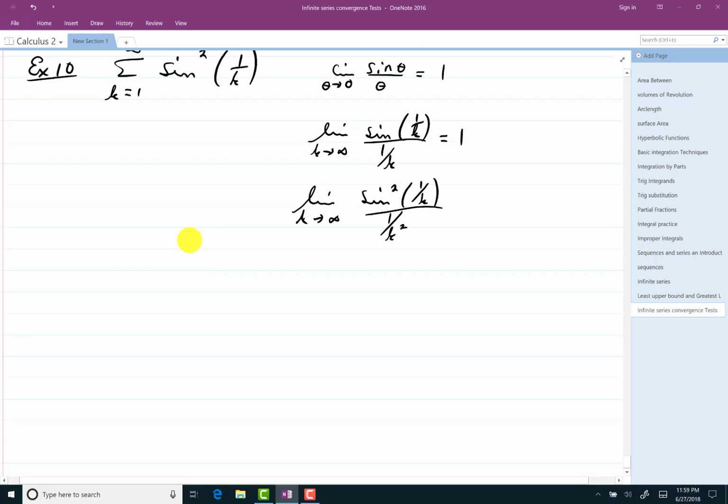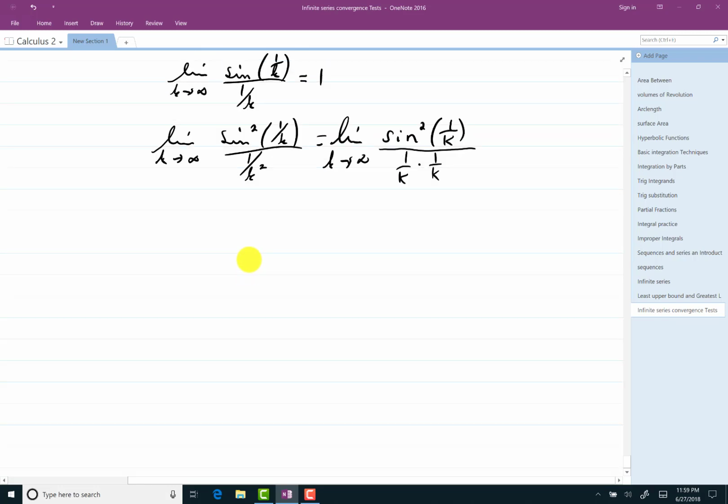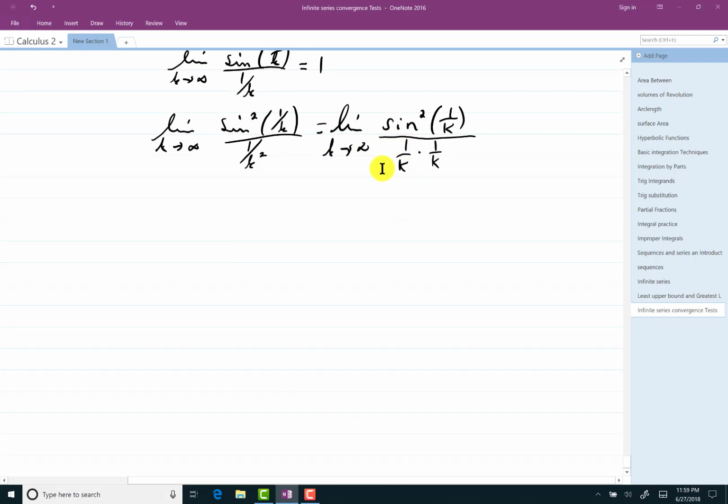Well then, this is going to equal the limit as k goes to infinity. I'm going to write it more formally here so you can see it. That's 1 over k squared. Then I'm going to break this fraction up.